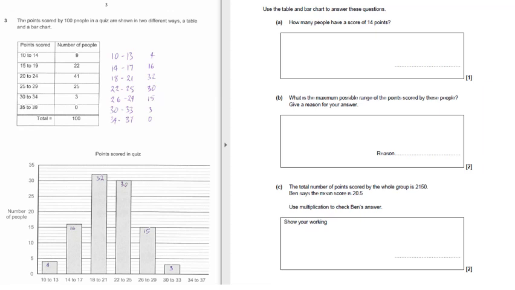So there were 4 people in this group, and in this group it's just got the 13 extra. Can you see there, 9 take away 4, so it must be 5 people that scored 14.